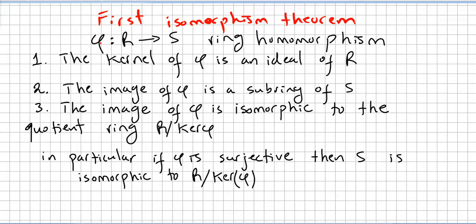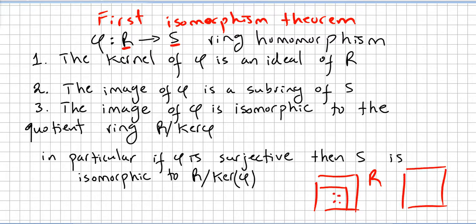So we are going to take phi, a ring homomorphism from a ring R to a ring S. One: the kernel of phi is an ideal of the ring R. The kernel will be the elements that we take into element 0, right?